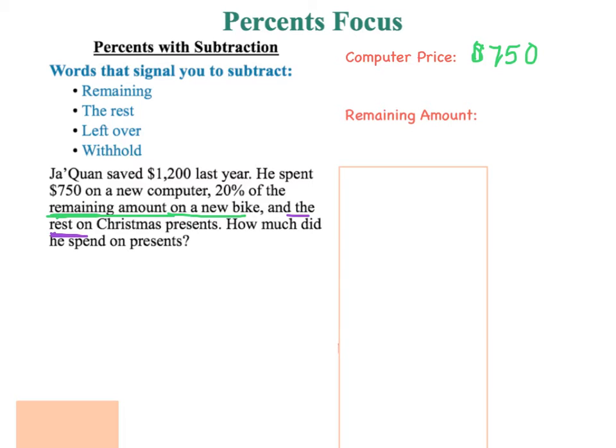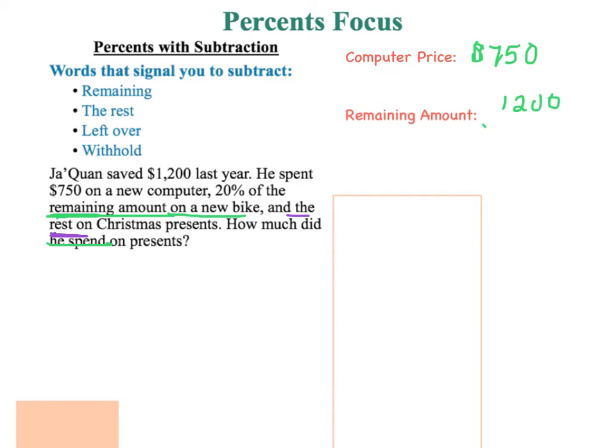In the problem, we now have to figure out, for the bike, it's 20% of the remaining amount. So I need to take the total, $1,200, and subtract what he already spent on the computer, $750. So his remaining amount after he buys the computer is $450.